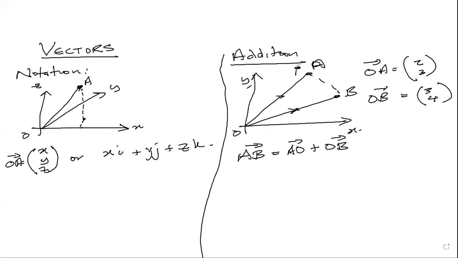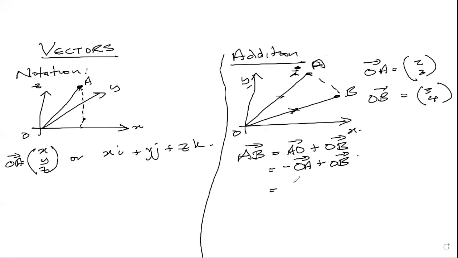And I always say, I'm at A, and these are the roads that I want to take to get to B. So I go from A to O and then O to B, which is the same thing as O to A switched around, so we change the sign, plus OB.